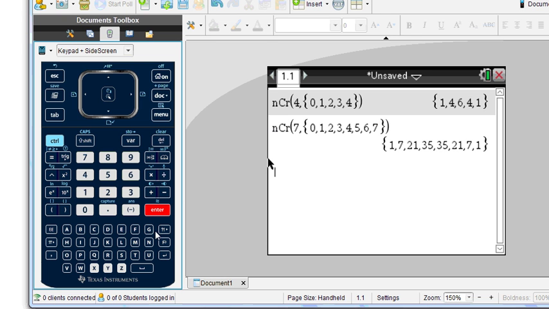And here's what they are: 1, 7, 21, 35, 35. Is that going to be 8 of them? Yeah, it should have 8. 1, 7, 21, 35.